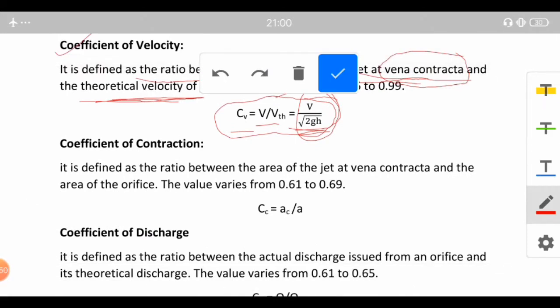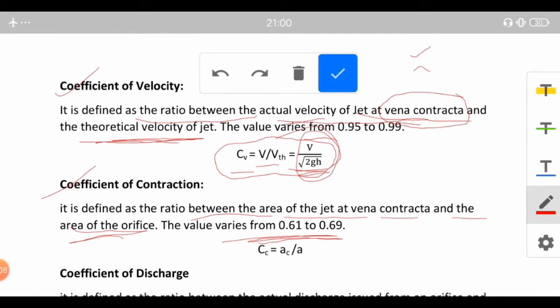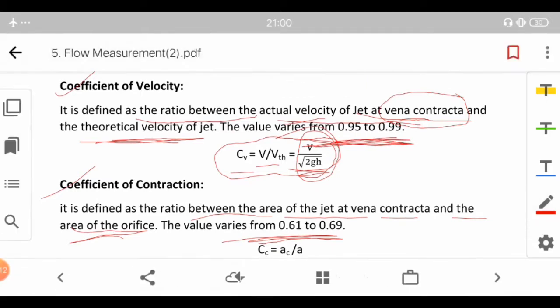Coefficient of contraction is defined as the ratio between the area of the jet at vena contracta and the area of the orifice, and its value varies from 0.61 to 0.69. And one more thing, the coefficient of velocity value varies from 0.95 to 0.99.